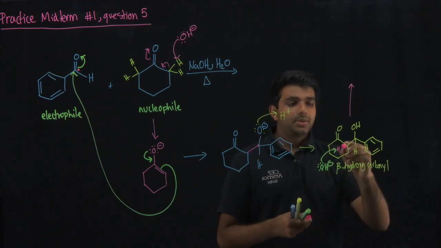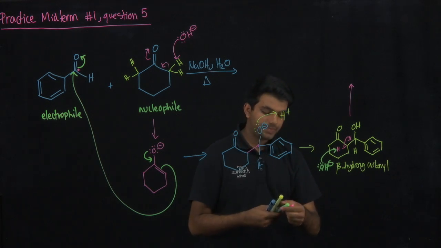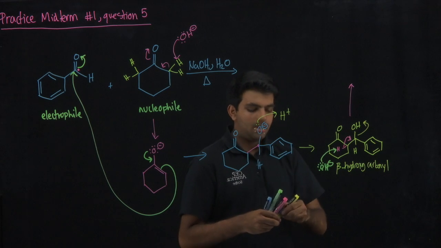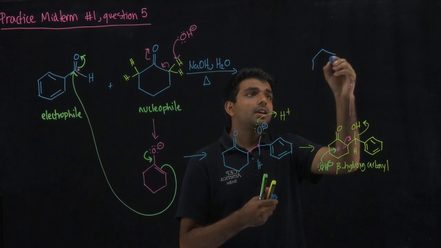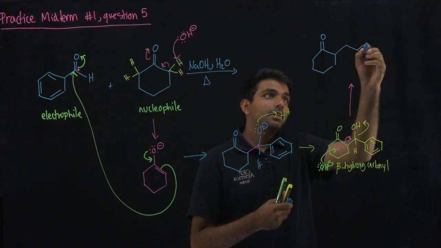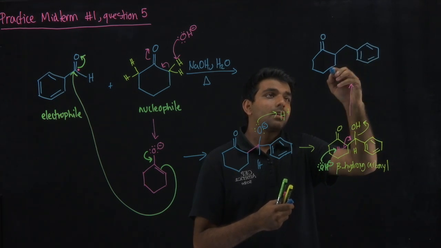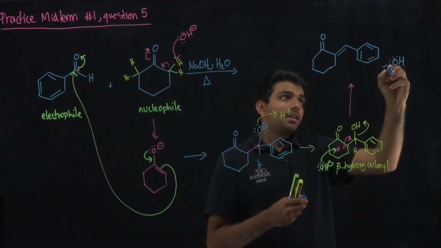The electrons between the alpha hydrogen and carbon will end up between the alpha and beta position, and then the OH leaves as OH-. And so our final product is going to be an alpha beta unsaturated carbonyl, as expected, and we'll have OH- in solution.